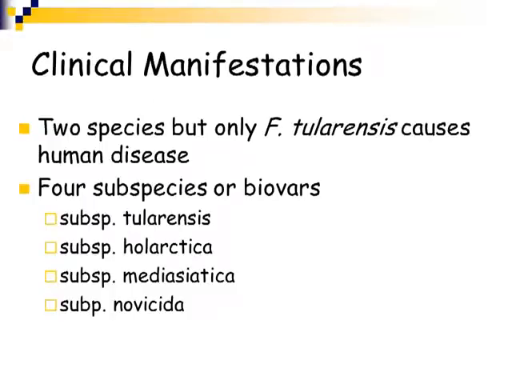So there are 2 species of Francisella, but only the species tularensis causes human disease. And there are 4 subspecies or biovars.